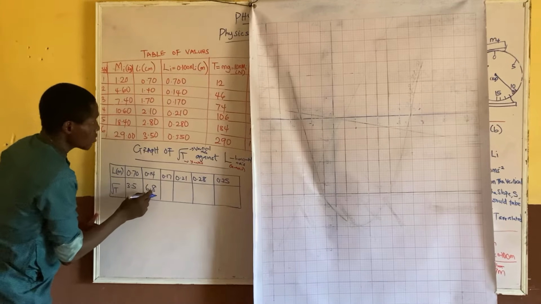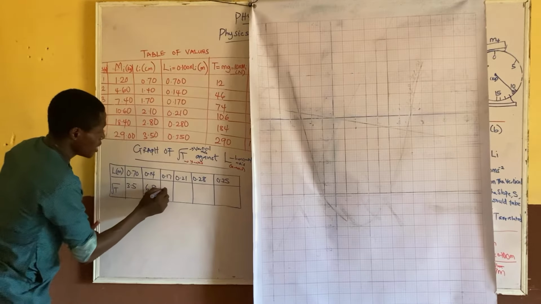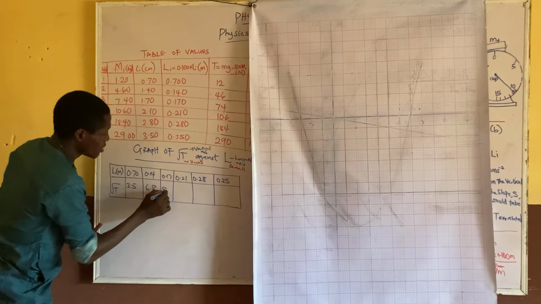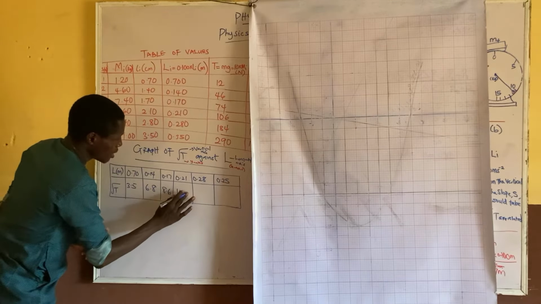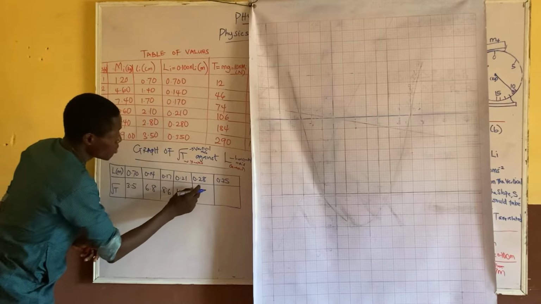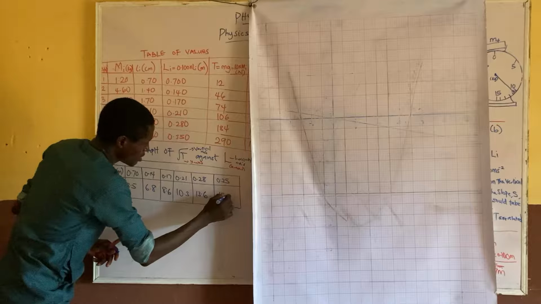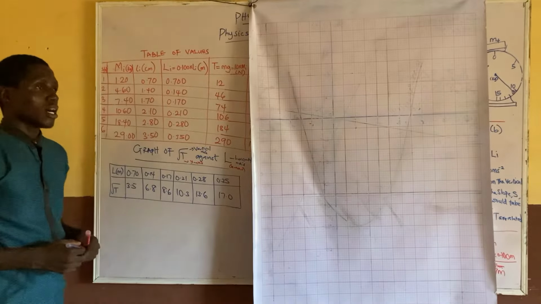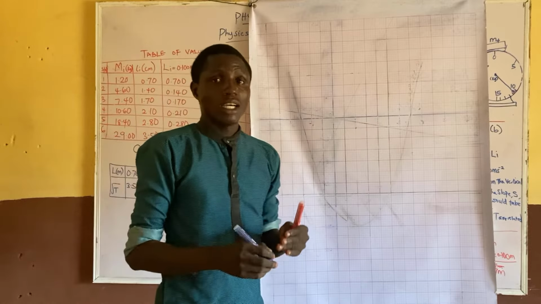So for the graph, this one will be 8.6 as well, this one 10.3, this one 13.6, and the last one 17.0. So as to be able to choose a scale for our graph, we need to approximate the values.